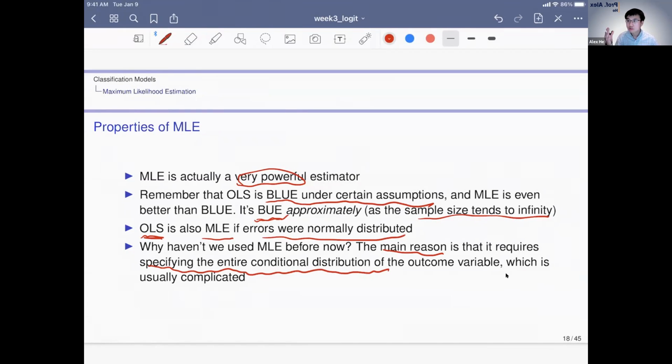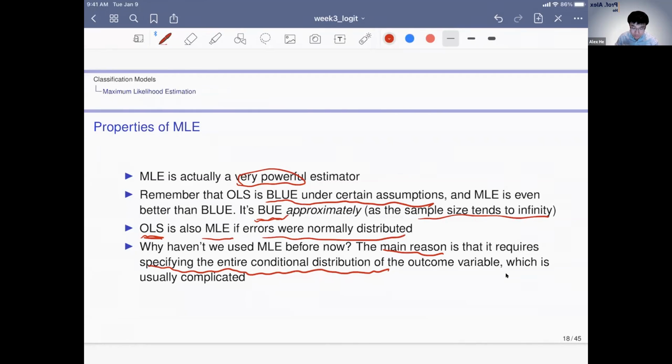For logit, we are assuming the type 1 extreme value distribution, which gives the specific functional form that we just saw. You can also do probit, but you have to assume that the distribution of that thing is normal. Whatever you do, you have to assume some distribution. Otherwise, you cannot calculate the probability. So that's the drawback.